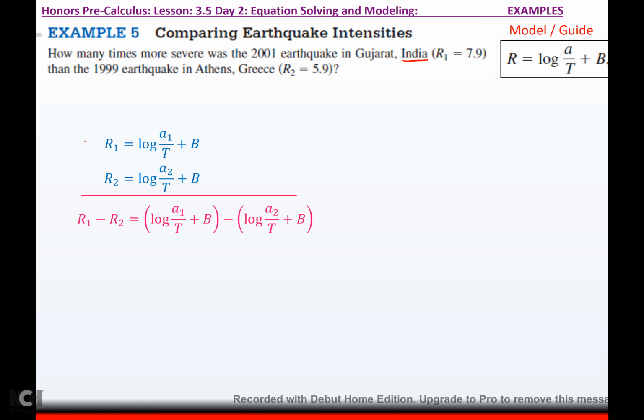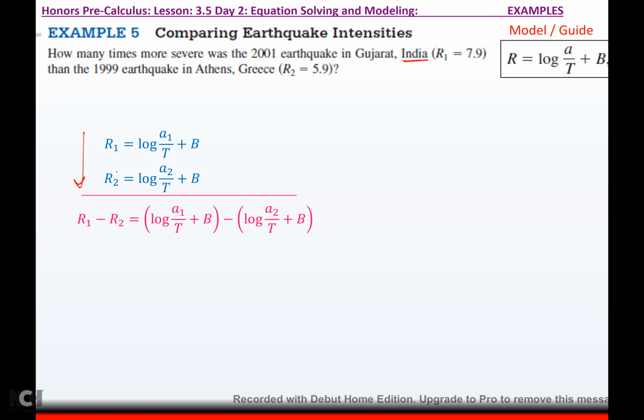So basically, if we use our formula, I could set up an equation that says, for India, his Richter scale is the log of the amplitude over the T plus B, yeah? And I don't know what any of that stuff is, but I don't care. I can set up the equation for the one in Greece, same thing, and then I can combine these.